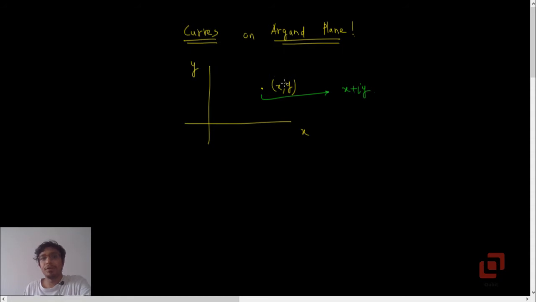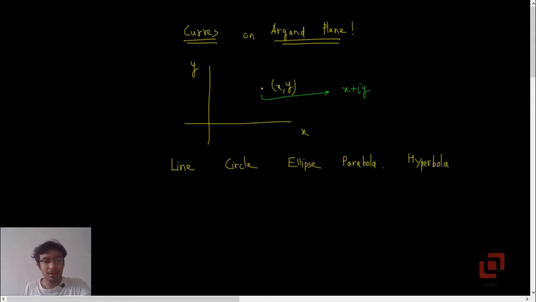Now, if you remember in the 11th standard, we have studied various conic sections, including straight line, then circle, ellipse, parabola, and hyperbola.